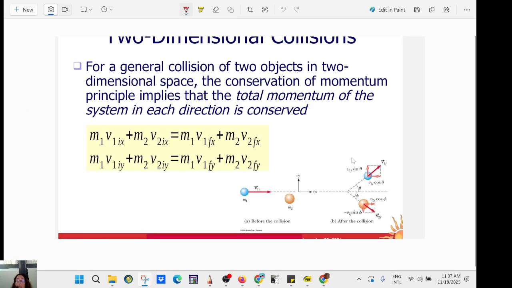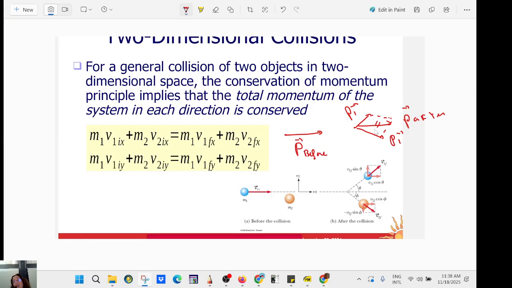When you have a collision like this, you see this angle doesn't have to be the same as that one, but you know that the momentum before has to equal the momentum after. So you have P1 here, and let's say you have P2. When they add up, because these are vectors, you get the same total before, and that's P after.